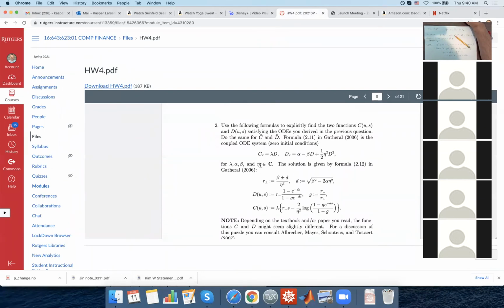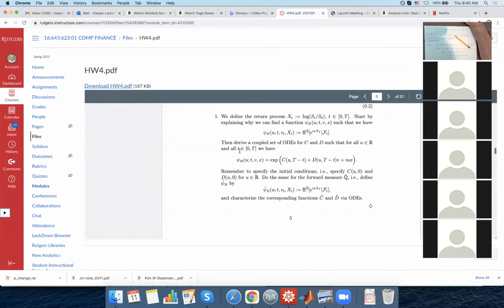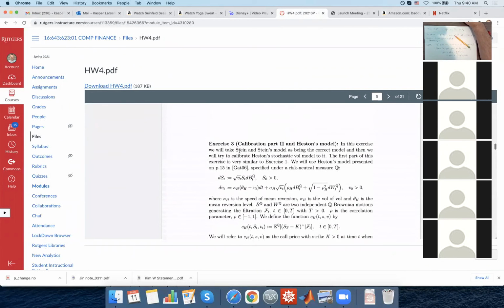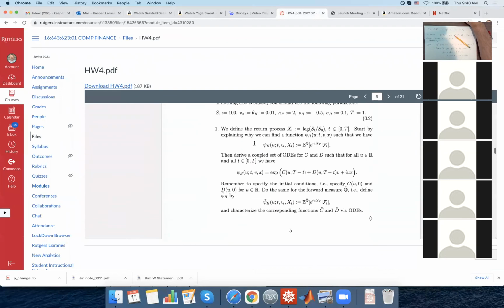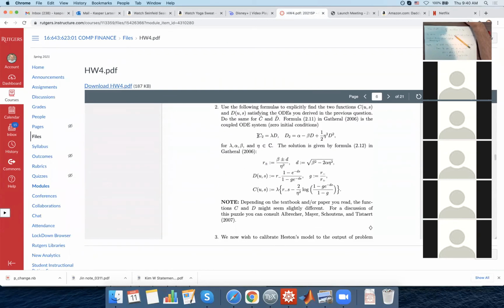You'll see here, that is the exercise that we're basically doing now. We're doing Heston's model, and you get your system of equations. C2, this is a time derivative, and the closed form expression is given here.